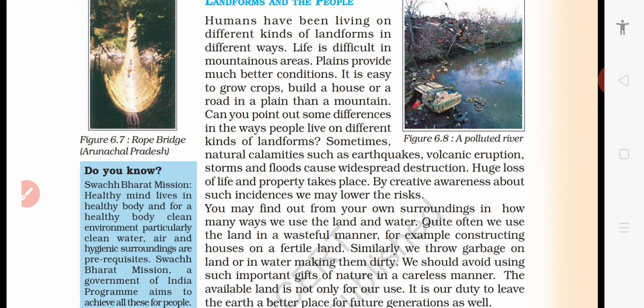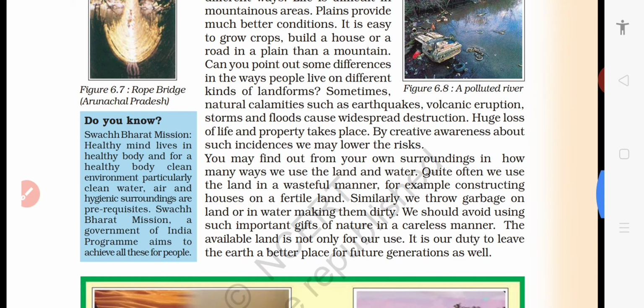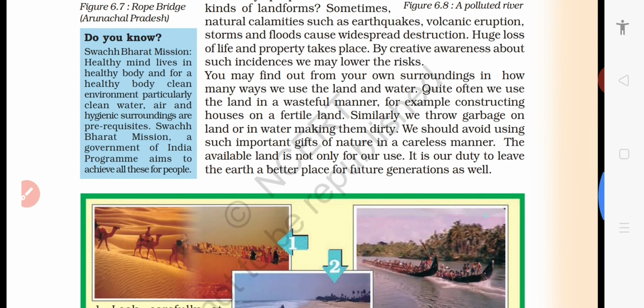In the plains area you may face problems like floods and tsunamis that could cause various destruction on the land masses, so we have to use land in a very useful manner, with houses on less fertile land.